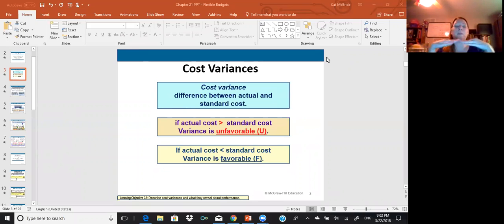All right, so remember we talked a little bit on Thursday, we looked at budgets, and then we looked at flexible budgets, and then we talked about how we were going to use variance analysis to compare what we budgeted against the actual results.